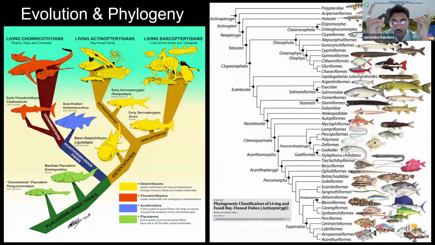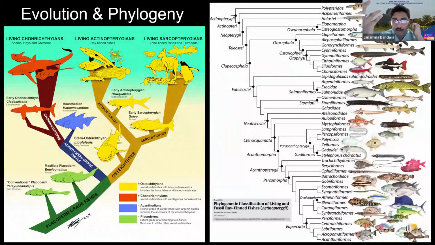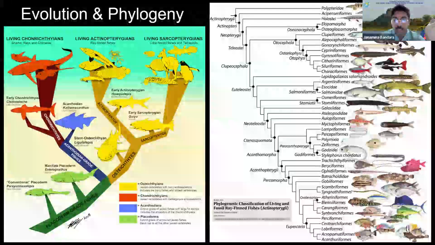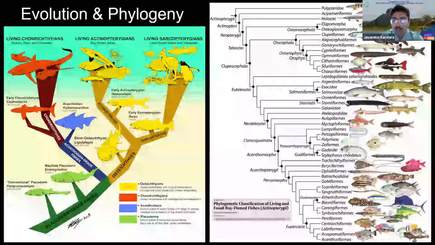Two superclasses I have to mention are the Osteichthyes and the Chondrichthyes. Osteichthyes means the bony fish, and Chondrichthyes means their structures are made up of cartilage. It's pretty simple, and these are represented by the rays, sharks, and other organisms, while the Osteichthyes are again divided into subclasses like Actinopterygii and Sarcopterygii.